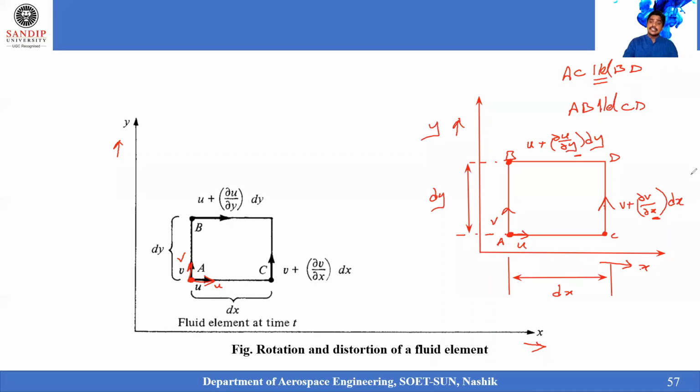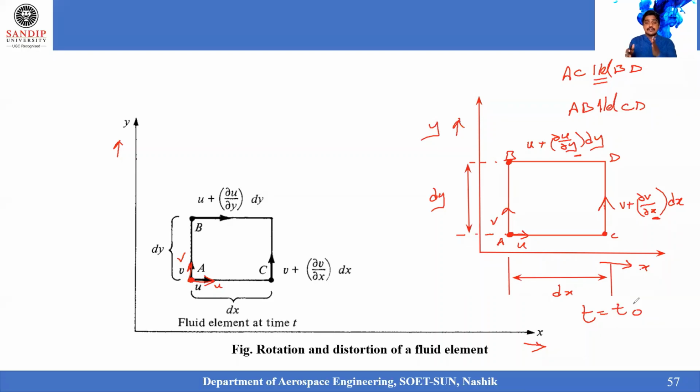Now this is at the instance of t is equal to t, or t is equal to t naught. This is the particular instance where they have started the velocity at the initial point A and C. At point A, the initial velocities have started along the x and y direction, that is u and v, and at the point B it has started with the velocity, and at C it has been parallel to this particular point.